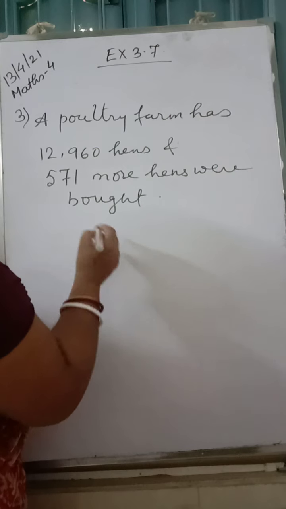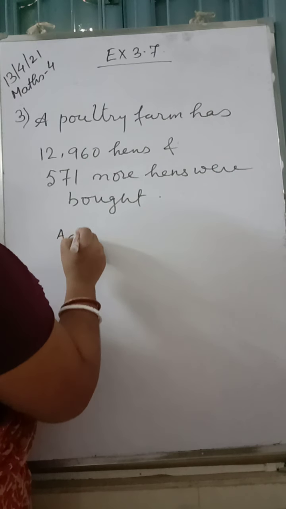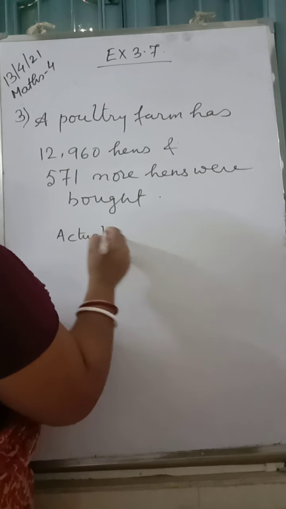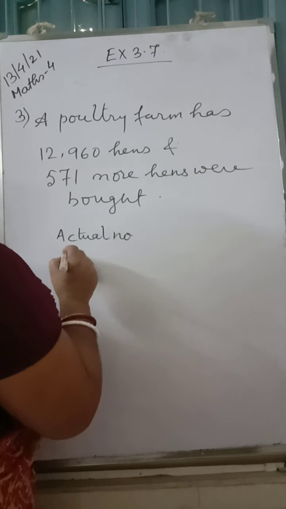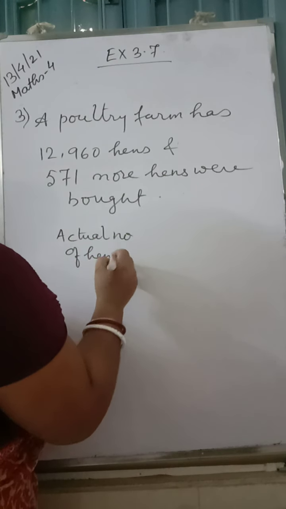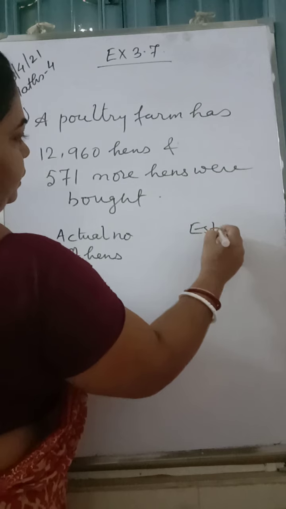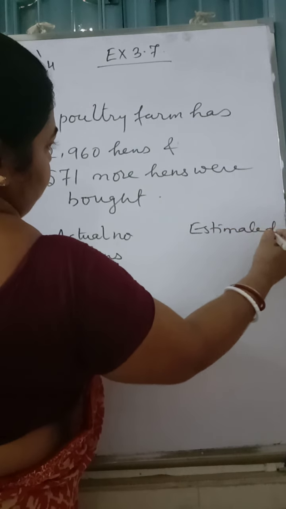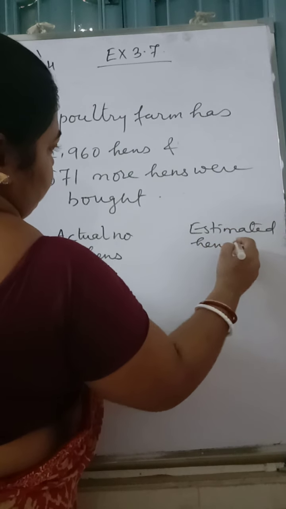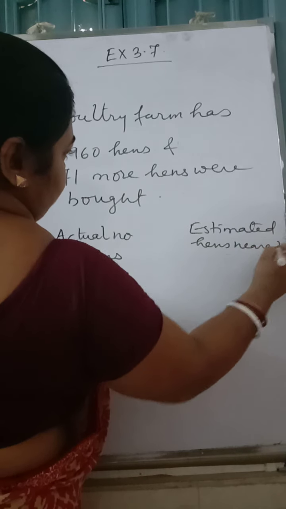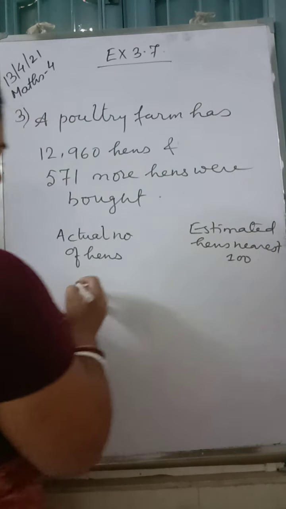Okay. Now here I will be writing actual number of hens or estimated hens to the nearest 100. They have asked estimated hens.